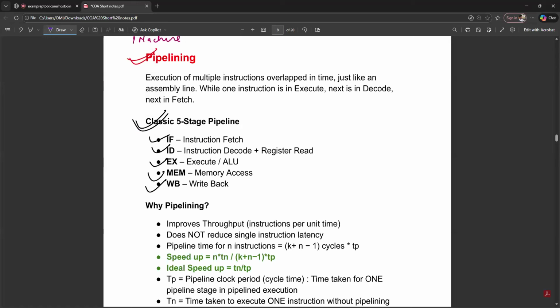Then the execute stage, in which execution happens in the ALU. The fourth stage is memory access, if you want to access the memory.